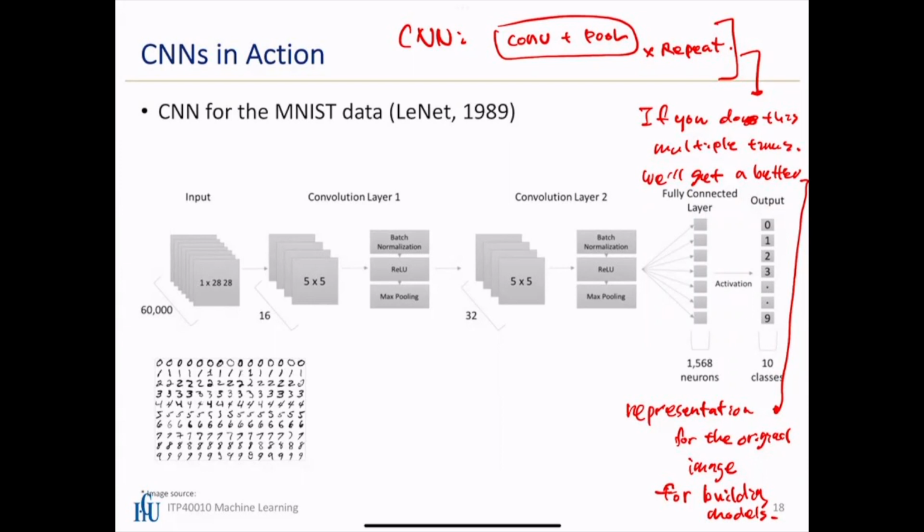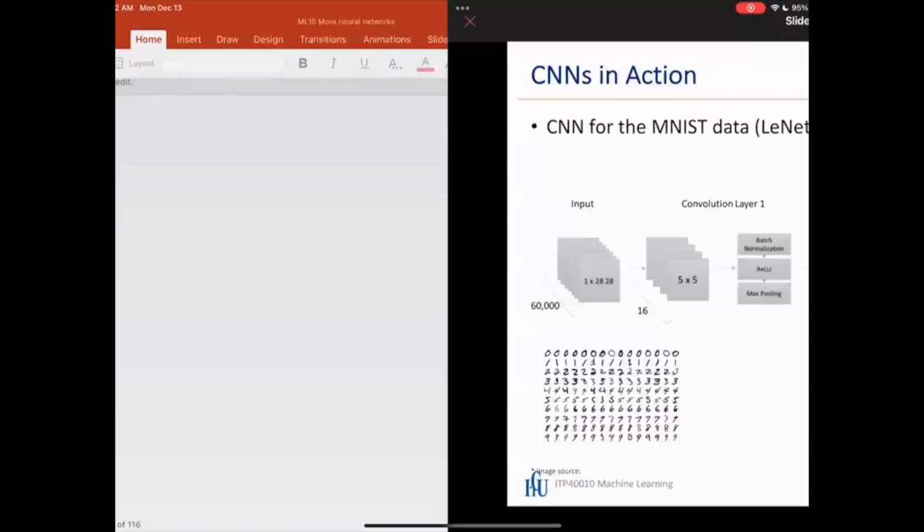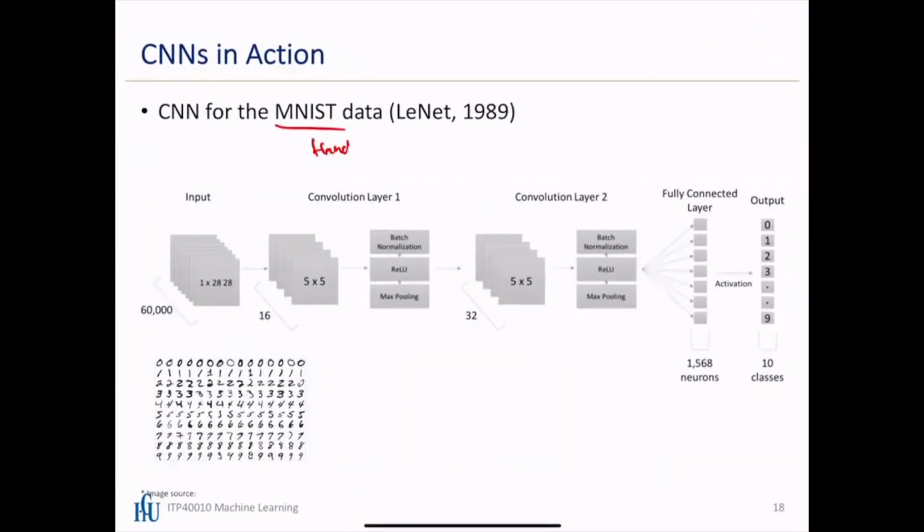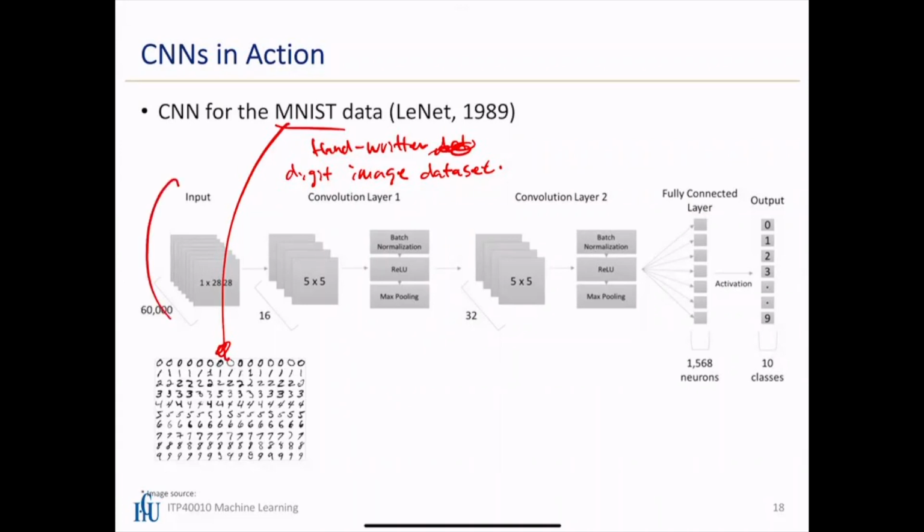This is the illustration of one of the famous works in CNN. It was published about 30 years ago. The MNIST data set is this handwritten data. This model, introduced in 1989, has two convolution layers, so it has an interplay between convolution and pooling, convolution and pooling.